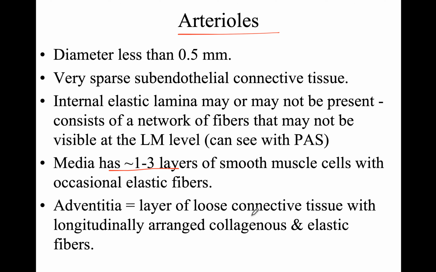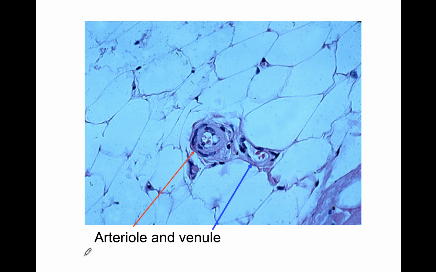The adventitia is a layer of loose connective tissue. Also, there are longitudinally arranged collagen and elastic fibers to reinforce and increase the strength of the arteriole. So in this slide, this is the arteriole, this is the endothelium, and we can see here the layers of smooth muscle.